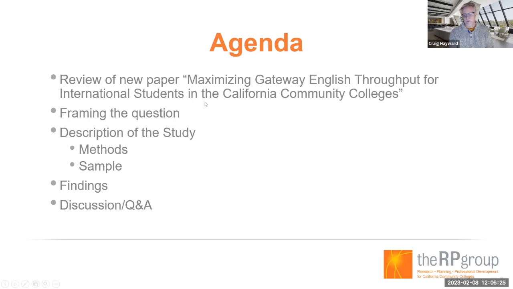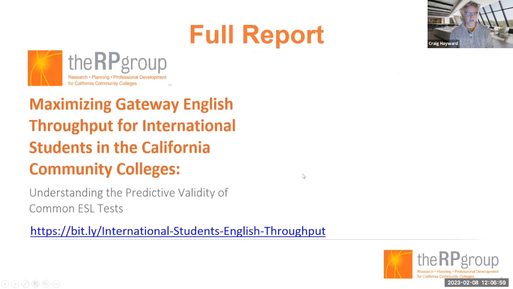We'll be giving you the thumbnail sketch of it, the framing of the question around assessment and placement for English learners, and how placement tests have been used, can still be used, and how we're approaching the question of the utility or the predictive validity of those tests in the post AB 705 environment. So we'll dig into the methods and the sample, how we put that together, our findings, and then we'll have some time for Q&A.